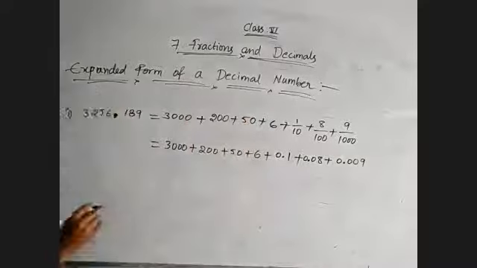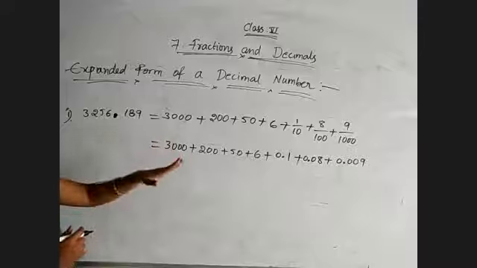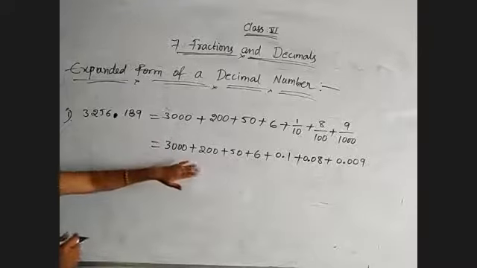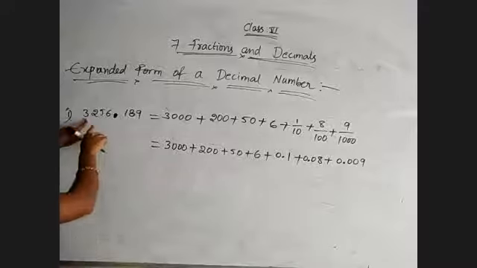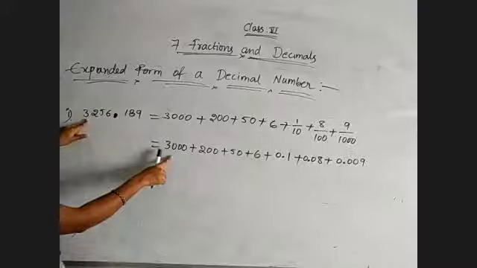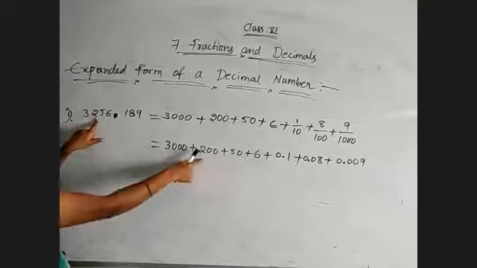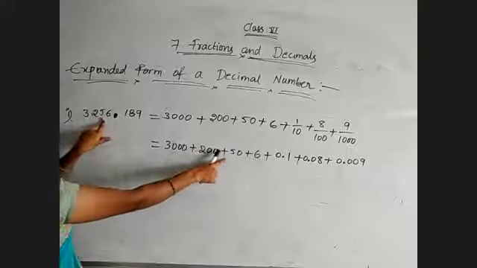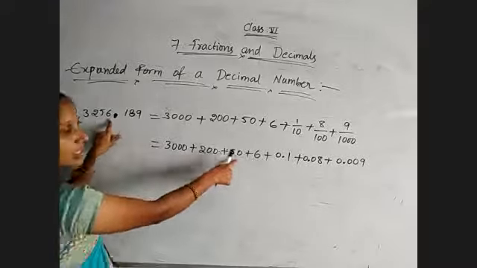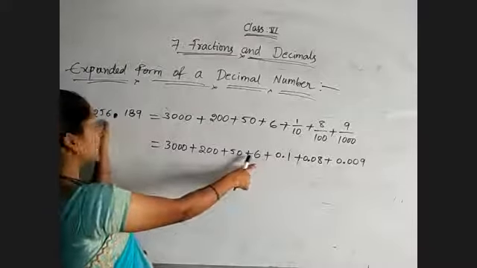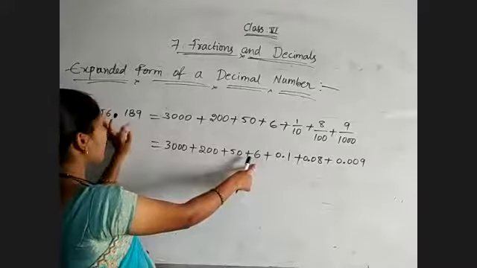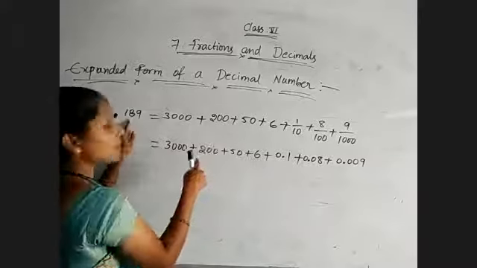Okay. Just observe, instead of that we can write directly in decimal notation also. How? After 3 there are 3 digits, so 3000. After 2 there are 2 digits, so 200. After 5, 1 digit is there, so 50. And 6's place value is 6 only, because after 6 nothing is there. It is in the whole number part. After the point, it comes under the decimal part.